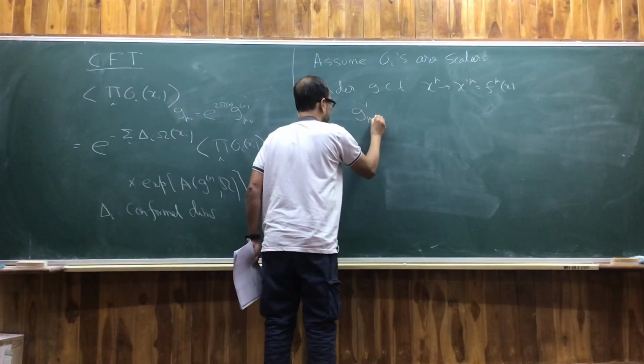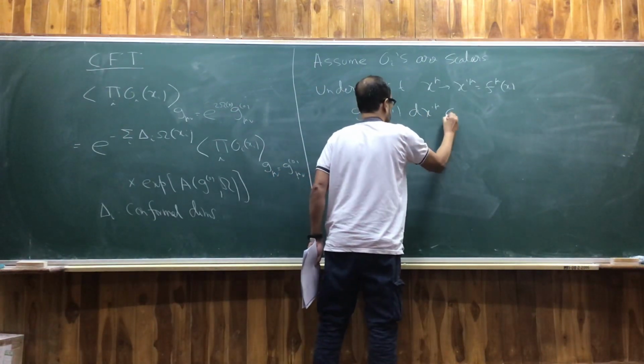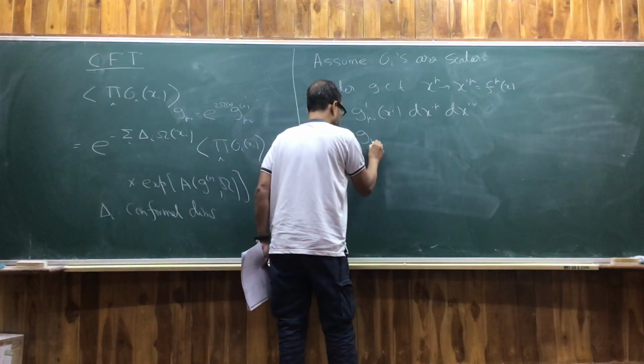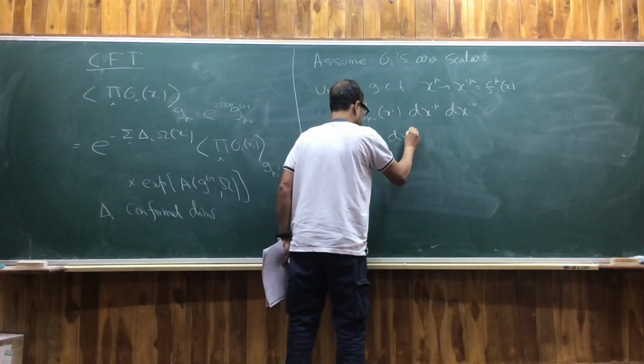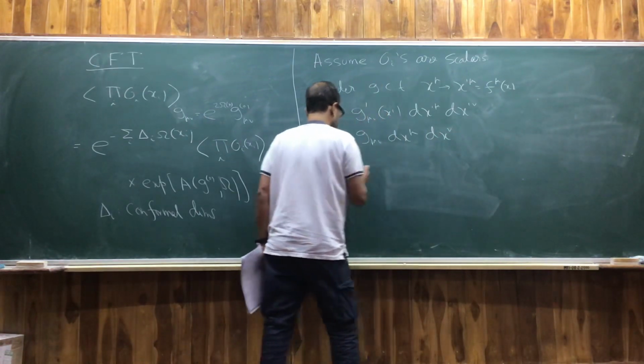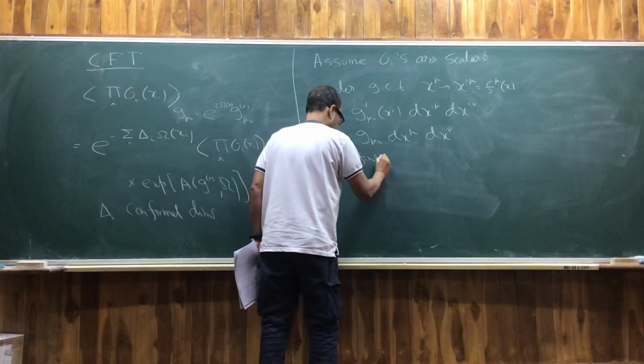We define g'_{μν}(x') dx'^μ dx'^ν equal to g_{μν} dx^μ dx^ν. So this defines g'_{μν}.